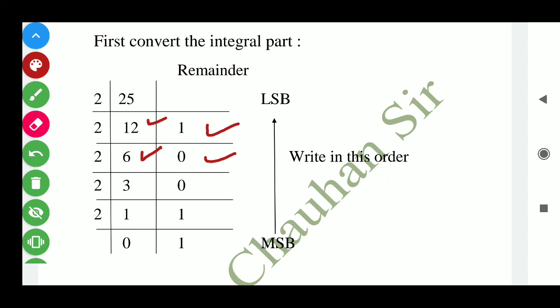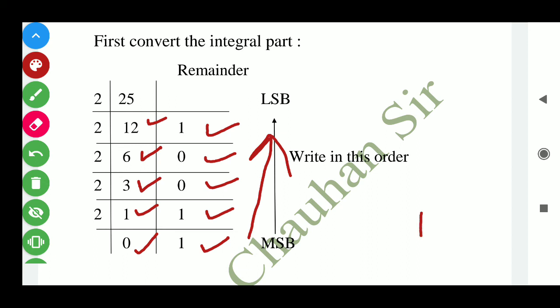Then divide 6 by 2, write the quotient here 3, remainder is 0. Then 3 divided by 2, quotient is 1, remainder is 1. And now 0 times, so the remainder is 1. Write from MSB to LSB, 11001 is your answer. This is your integral part.